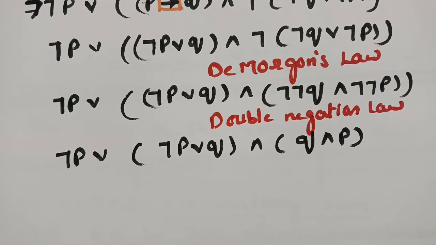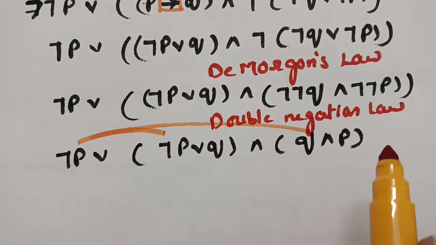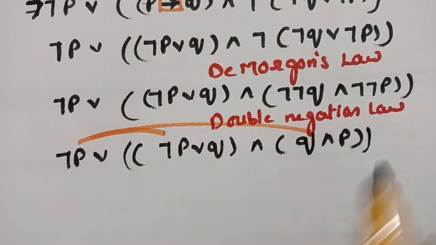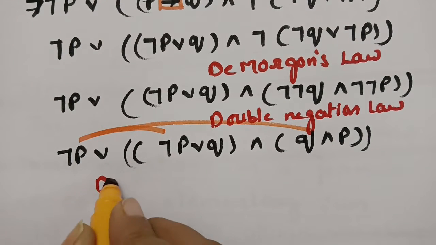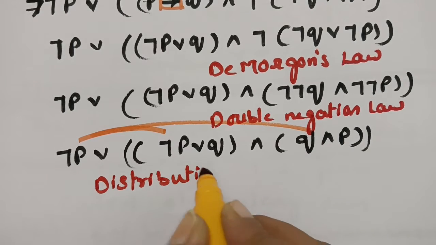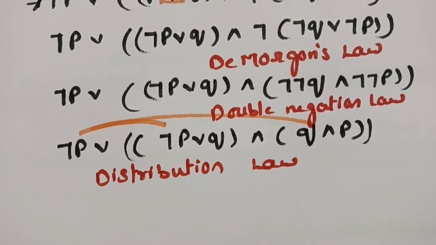So we have to give a distributive law here. So negation P is distributed to this one as well as this one, as this is the whole symbol. So I am going to apply distribution law. According to our distribution law, here negation P is distributed to this one as well as that one.